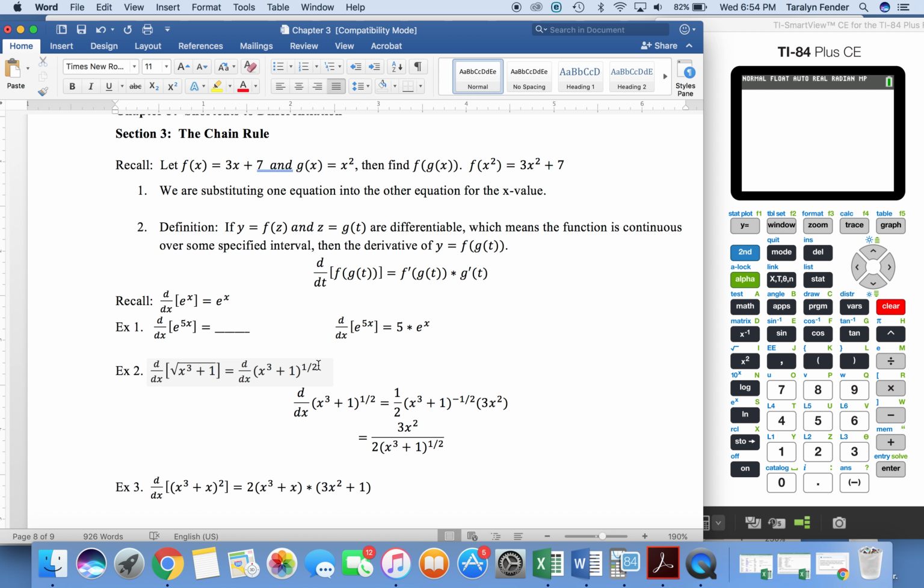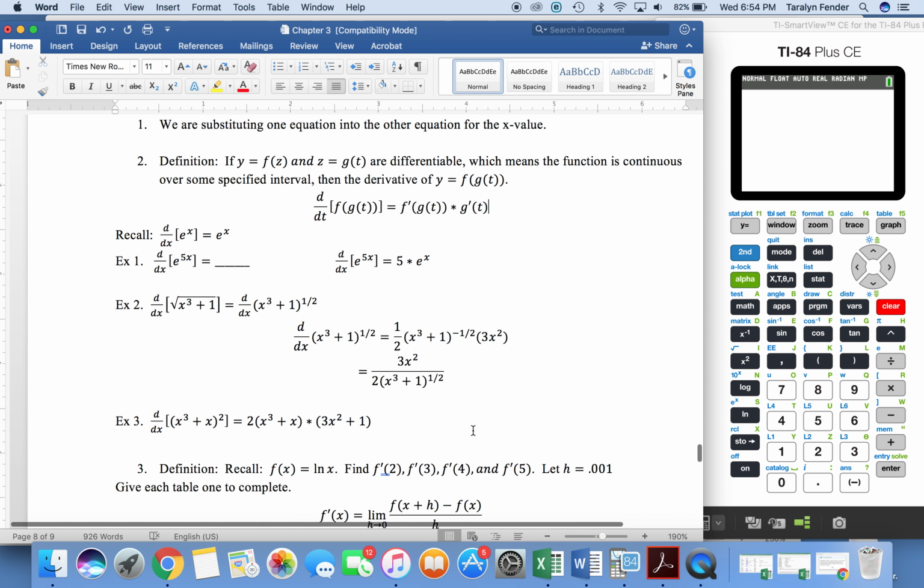Then we take 1/2 minus 1, which is equal to negative 1/2. Then we take the derivative of what's on the inside, 3x squared. And we combine them, or you can leave it just like this, but 3x squared divided by 2 times x cubed plus 1 raised to the 1/2 power is also a good answer.